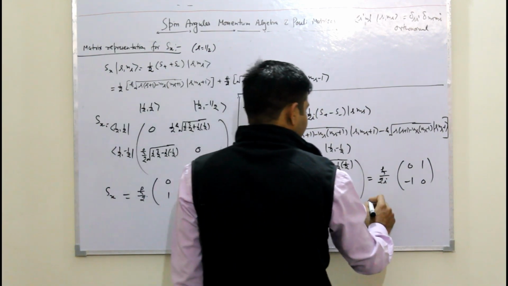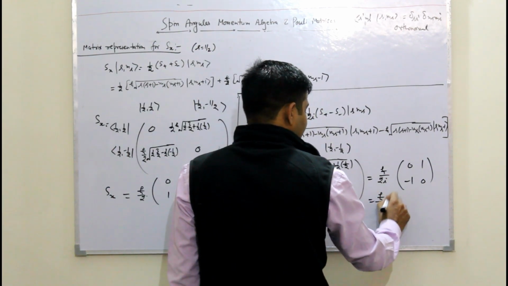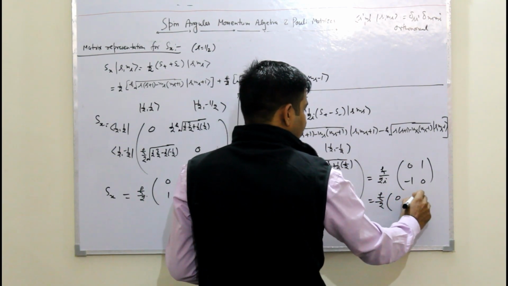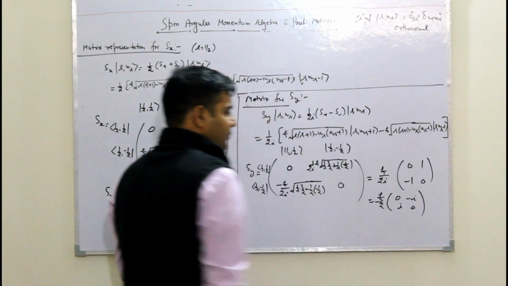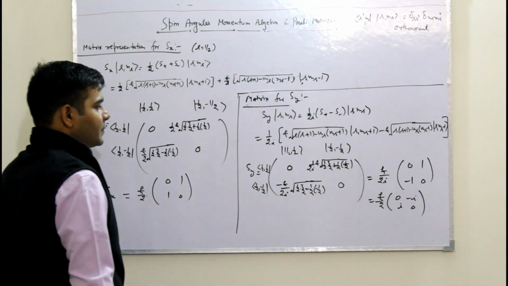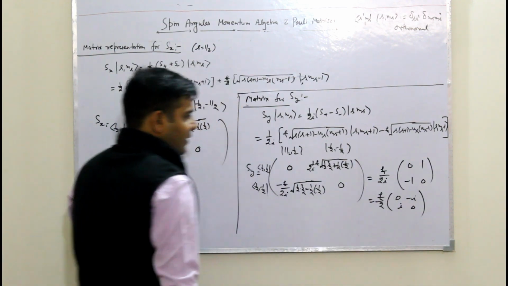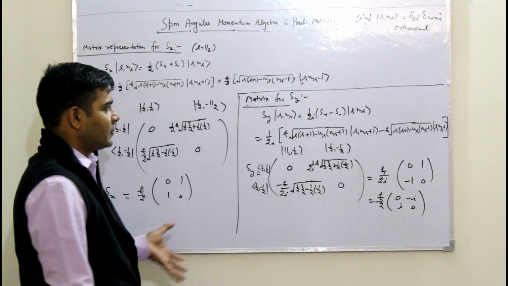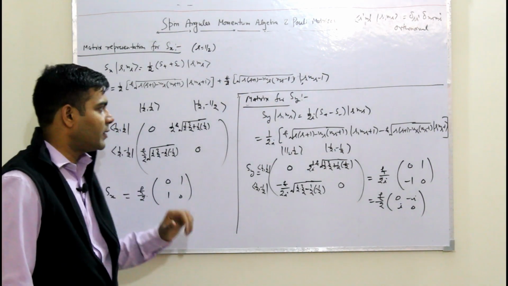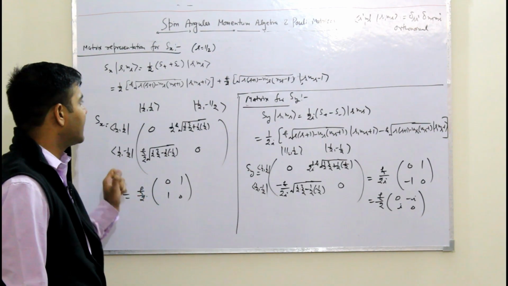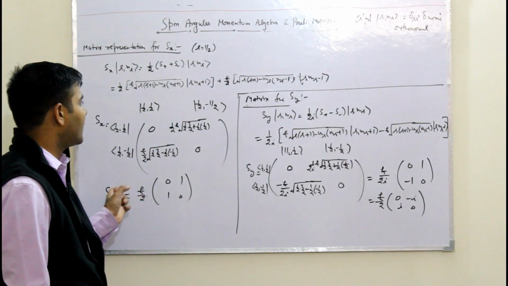If we wish, we can write this as h cross by 2 0 minus iota iota 0. I can take 1 over iota inside, and that will give us this result. So we have found ultimately the matrix representation for all the operators: S square, Sz, S plus, S minus, Sx, Sy.